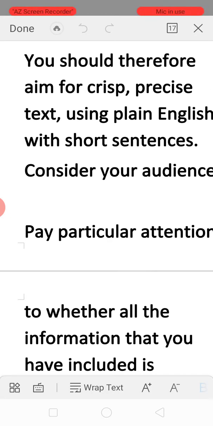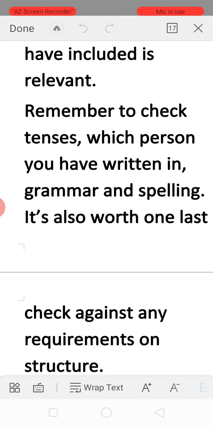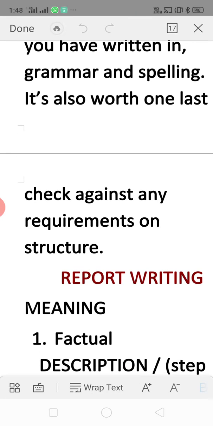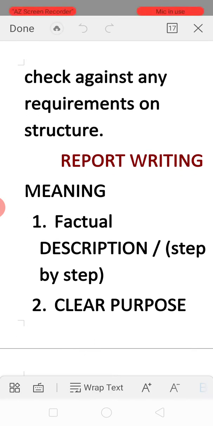Pay particular attention to whether all the information that you have included is relevant. Remember to check tense, which person you have written in, grammar and spelling. It's also worth one last check against requirements on the structure. So keep your language safe and simple and correct.